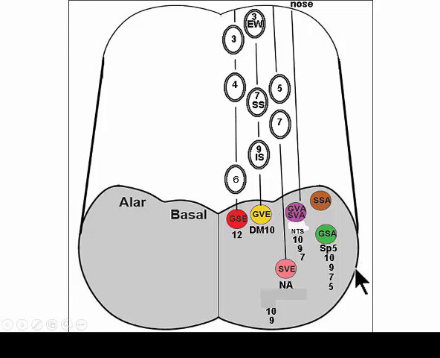Well, okay, now I throw in 5 at the end. And there's 5 using its own nuclei for the jaw jerk reflex and proprioception through chief, and pain and temperature through spinal 5.